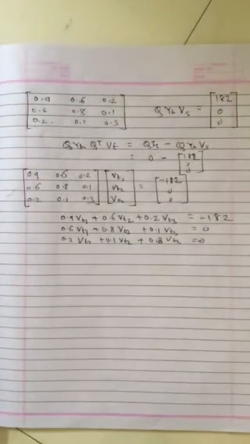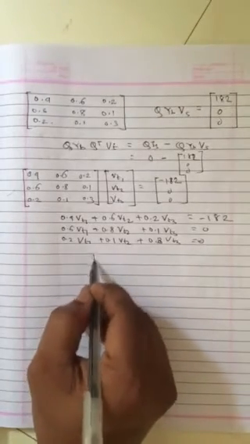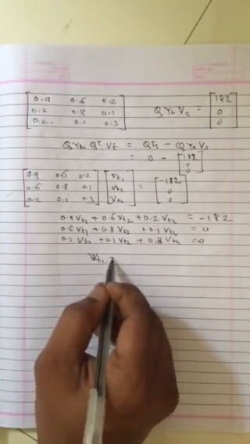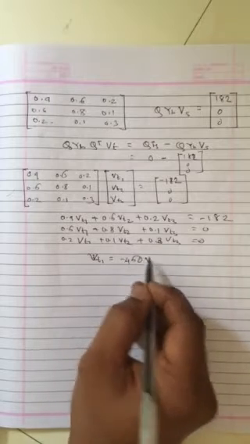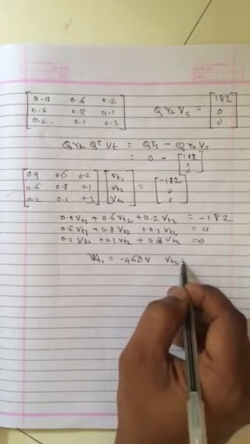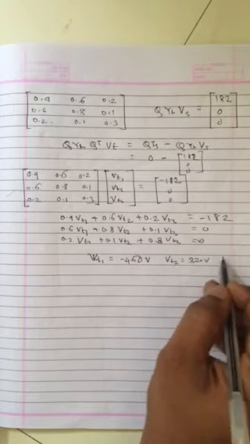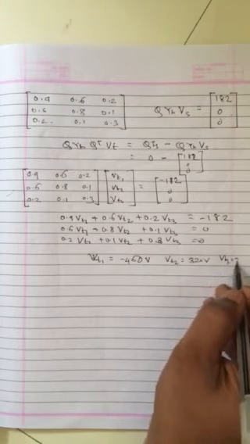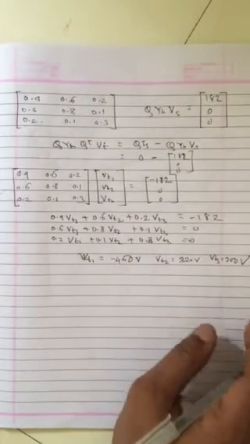Okay, these are the three equations, and when you solve these three simultaneous equations, you will get the output as Vt1 equal to minus 460 volt, Vt2 equal to 320 volt, and Vt3 equal to 200 volt.